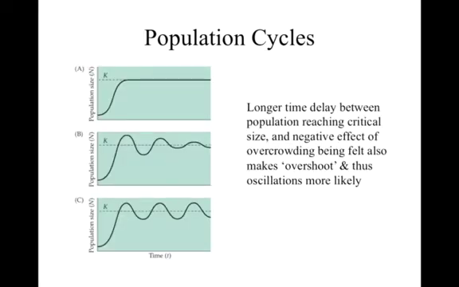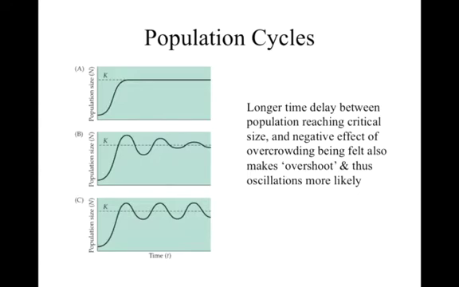Now, the other thing that causes you to overshoot the carrying capacity is having a longer time delay between the population reaching that carrying capacity or that critical size and then the negative effect of overcrowding being felt. If it's instantaneous, if you feel overcrowding the minute you get towards the carrying capacity, then your population slows down in time to not have oscillations.